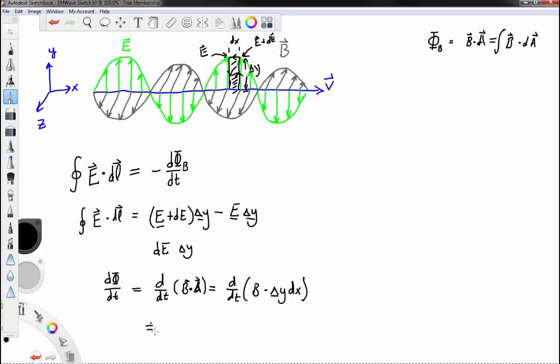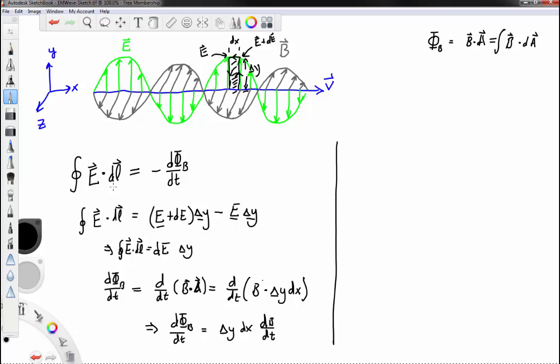So what that basically means is that d phi B by dt must be given by delta y times dx times dB by dt. So the integral E dot dl gave us this, and this right here is what we got from the derivative of the flux with respect to time.